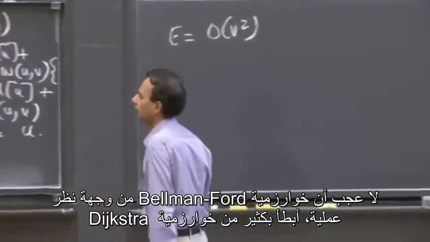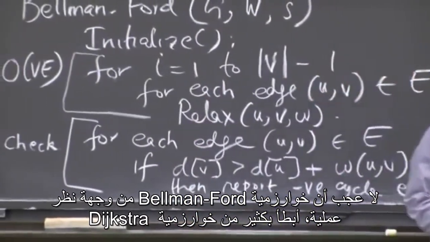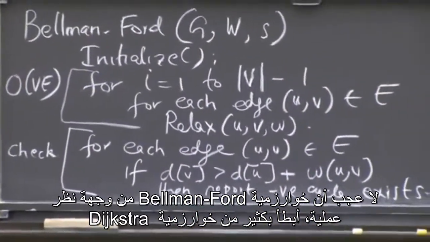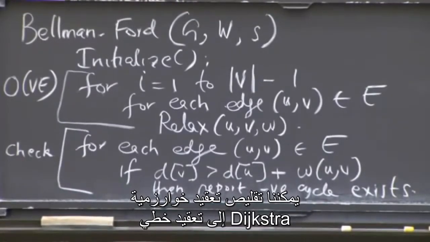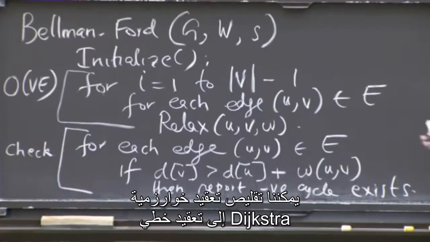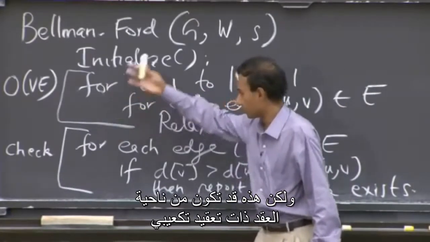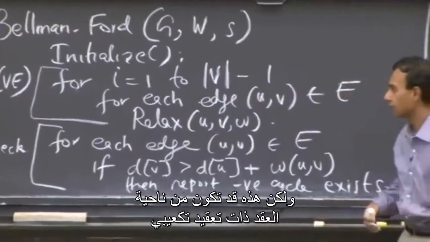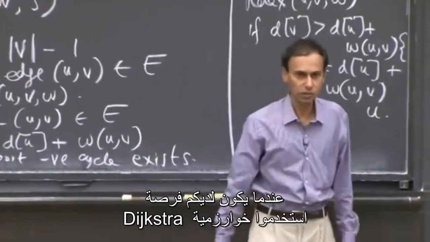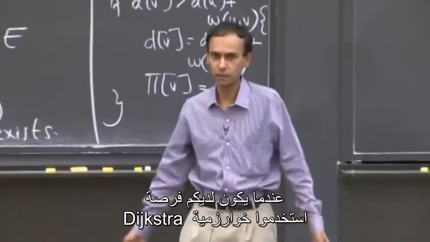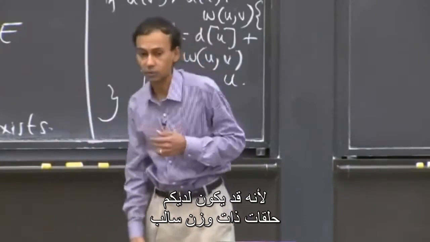So there's no question that Bellman Ford is, from a practical standpoint, substantially slower than Dijkstra. You can get Dijkstra down to near linear complexity, but this would potentially, at least in terms of vertices, be a cubic complexity. So when you have a chance, you want to use Dijkstra, and if you're forced to use Bellman Ford because you could potentially have negative weight cycles, well, you're stuck with that.